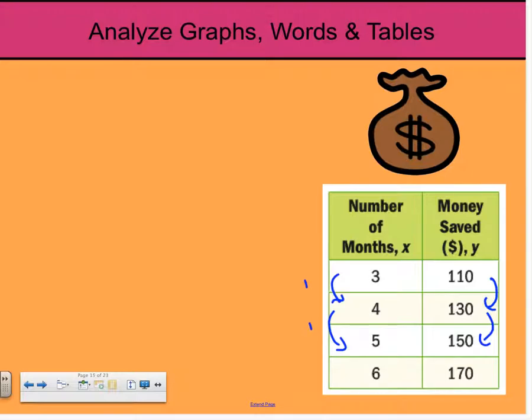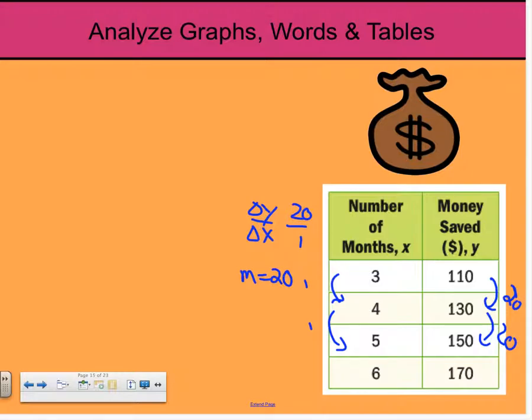So the change in x is 1 each time. The change in y looks to be 20 each time. So the change in y over the change in x is 20 over 1. So our slope, or m, is just 20.